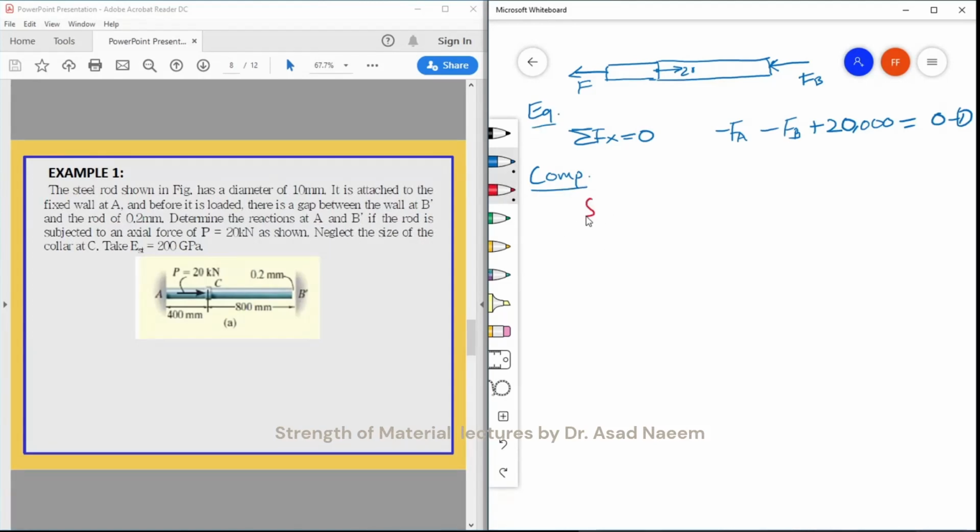So delta B, we know that it's 0.2 millimeter. I mean, itna ye extend ho sakta hai. We know that. Okay, so delta AB plus delta BC should be equal to 0.2, because इससे ज़्यादा तो restrained है, because there is a kind of a wall, उससे आगे वो नहीं जा सकता.